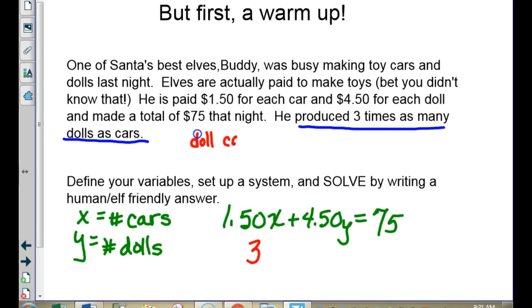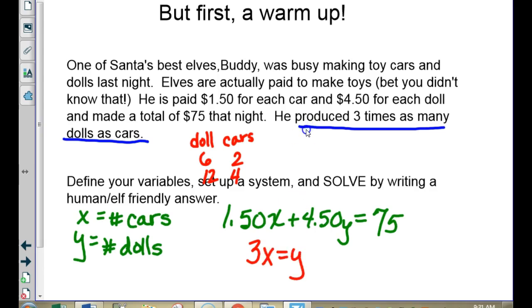Dolls, cars. 3 times as many dolls. So if this was 6, this would be 2, right? If this was 12, this would be 4. So which one are you multiplying by 3 to get the other one? 3 times the dolls is equal to the cars? Okay, 3 times the cars is equal to the dolls.